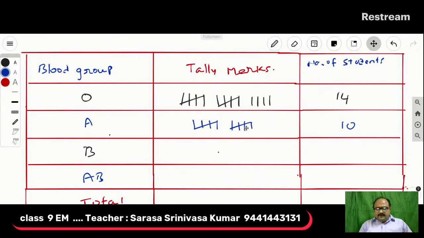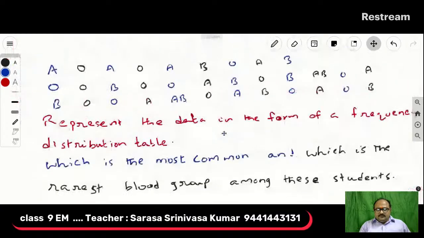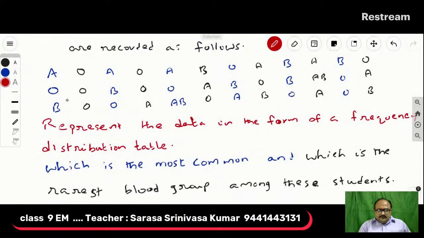Now we find the frequency of blood group B. This is 1, 2, 3, 4, 5, 6, 7, 8. Let us cross check it again. 1, 2, 3, 4, here one is missing, 5, 6, 7, 8, 9.